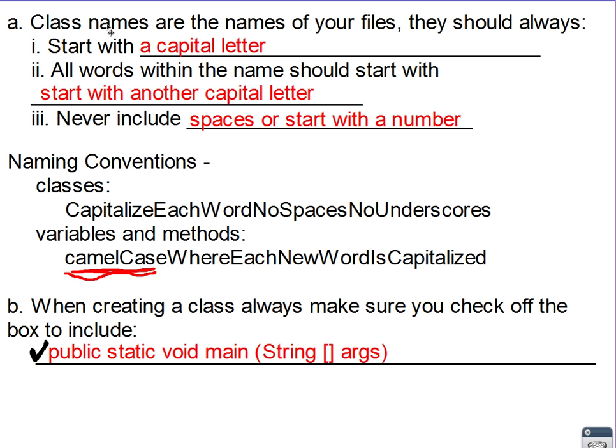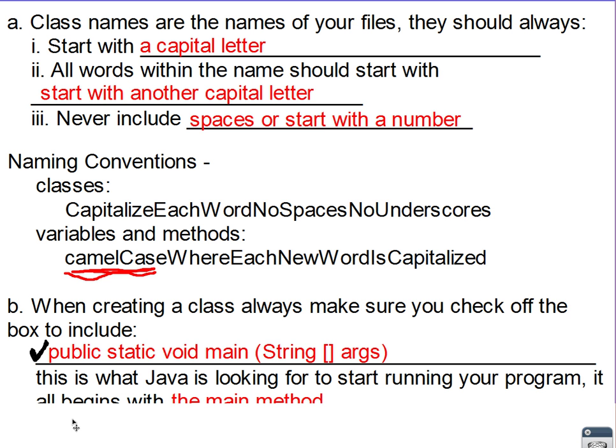Because when your code actually runs, this is where it's going to look to start running your program. So what Java actually looks for is what is inside of this main method. And it has to be spelled exactly this way. So the easy thing to do is just check off that box. It'll automatically get put into your file. You don't have to worry about adding it.